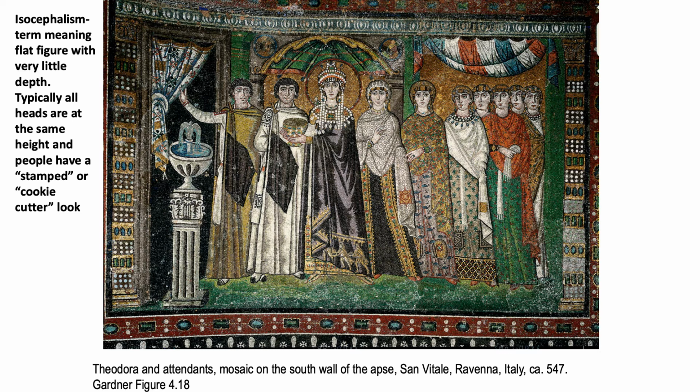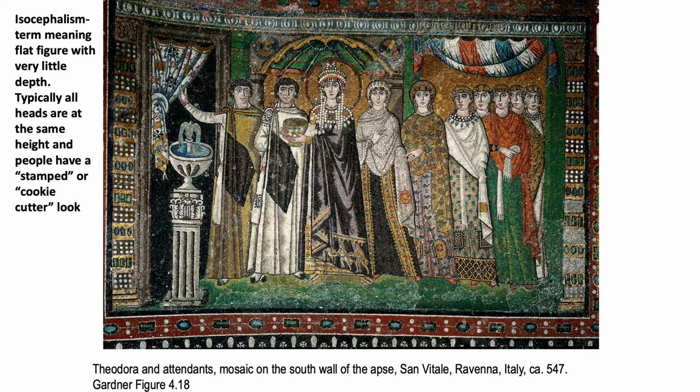Also, you see a curtain that the imperial military forces are pulling back. The curtain leads to the other side of the apse, which would have been Justinian's side. And then you see the baptismal font there.